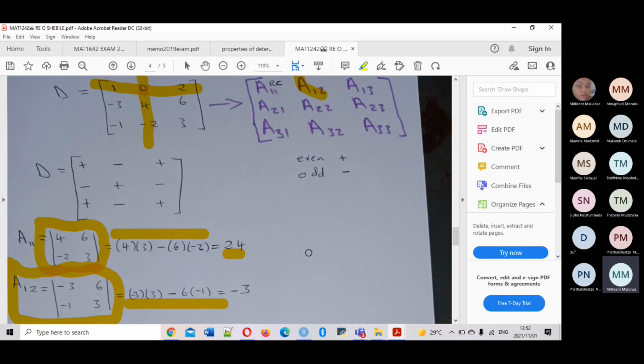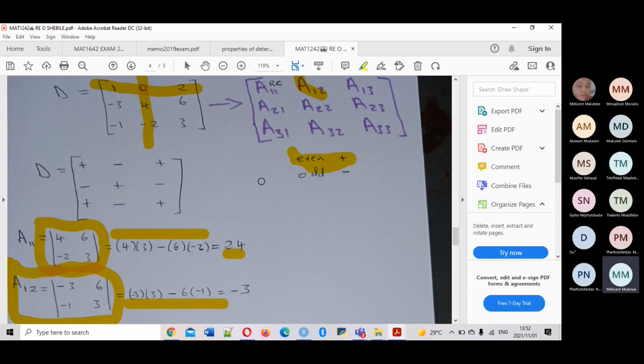So what do you think it will be? A13. Anyone want to try A13? The signs go plus, minus, plus, minus, plus. Even is plus.